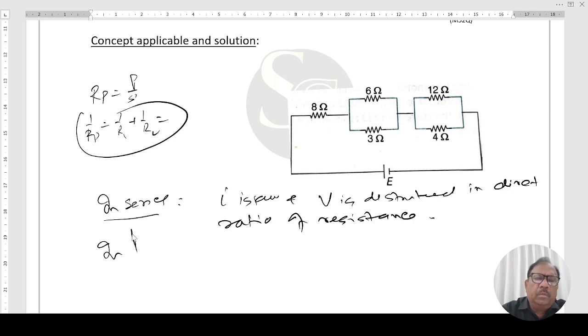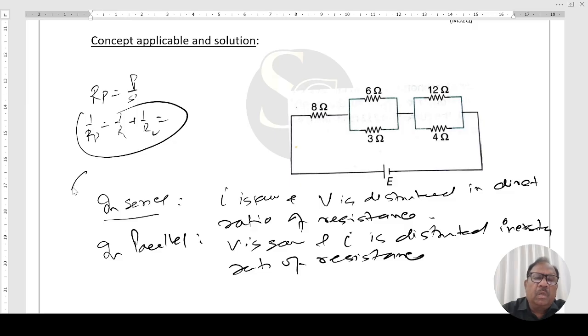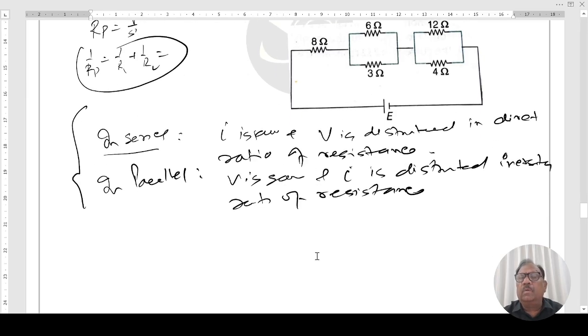In parallel, V is the same and I is distributed in inverse ratio of resistance. Inverse ratio of resistance. Product upon sum terms, these concepts are applicable here.